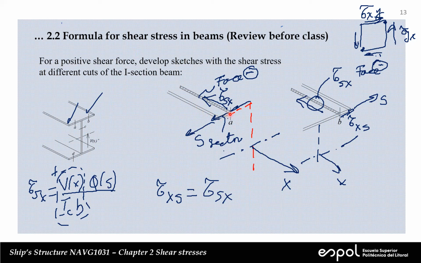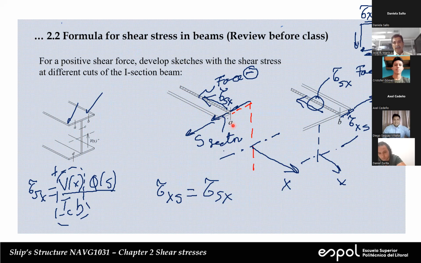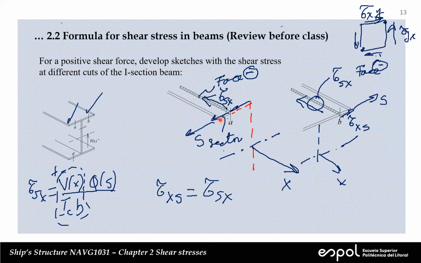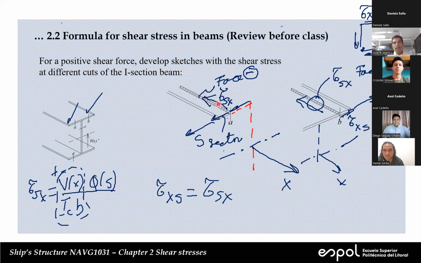So this is the sector. In this sector, we have an axial force, and because this axial force is not equilibrated, we need tau sx on this cut, right? Now this tau is equal to this one, but this is something that we explained. Tau yx is equal to tau xy. That's because we need to have equilibrium of moments. That's something that you studied in solid mechanics, right?